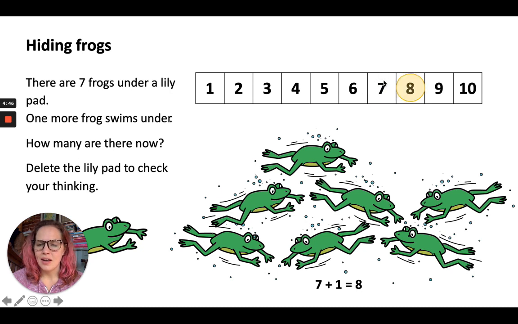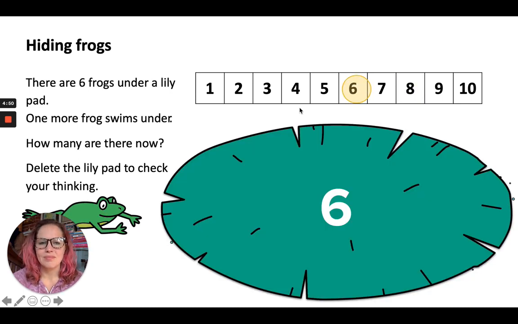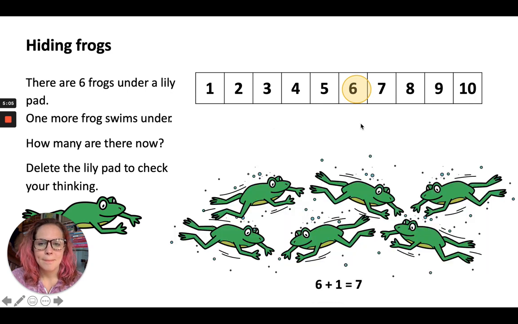We had 7 and we add 1 more. That's 8. There are 6 frogs under a lily pad. 1 more swims over. 6 plus 1 is 7.